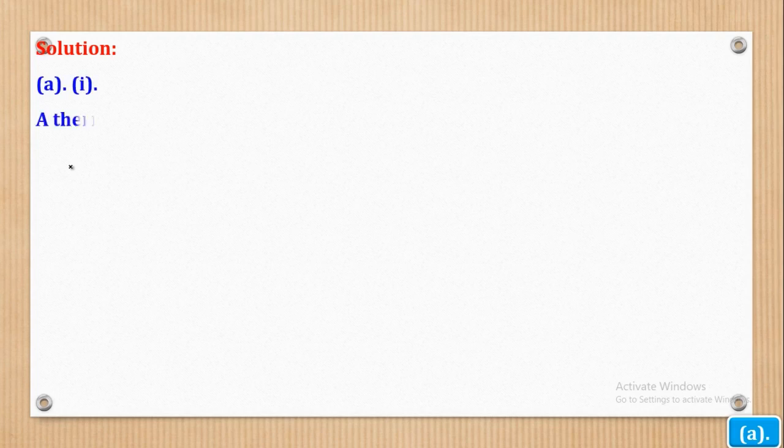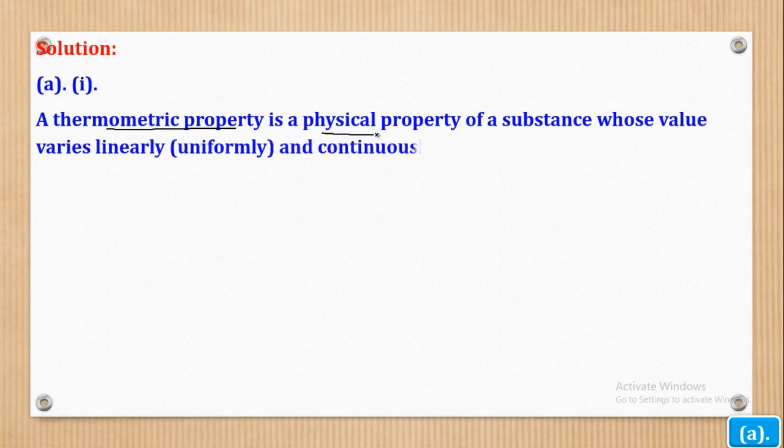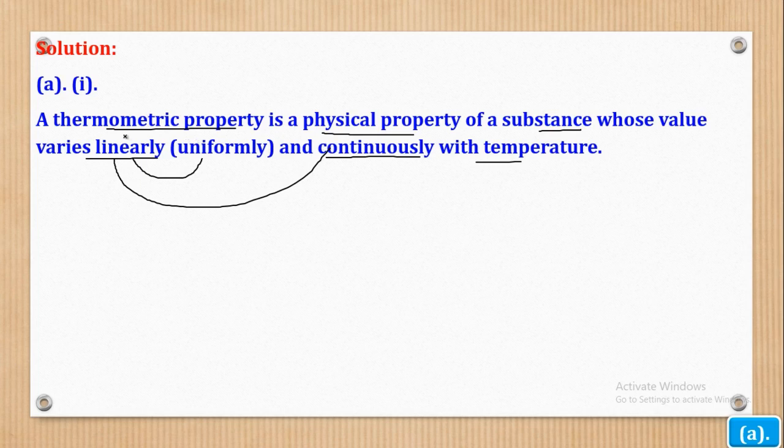So for Roman 1, we shall say that the thermometric property is a physical property of a substance whose value varies linearly, you can use the word linearly or uniformly, and continuously with temperature. So both these words are needed. Most students write only linearly and forget the word continuously. That will not be a complete definition. So it should be that it varies linearly and continuously with temperature.